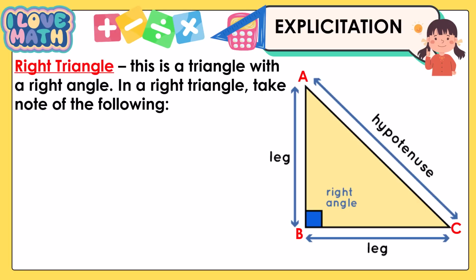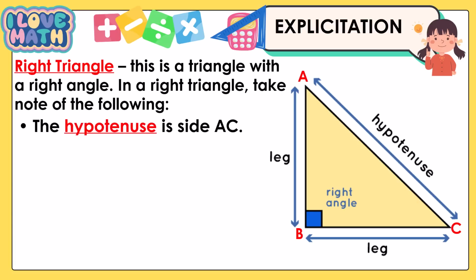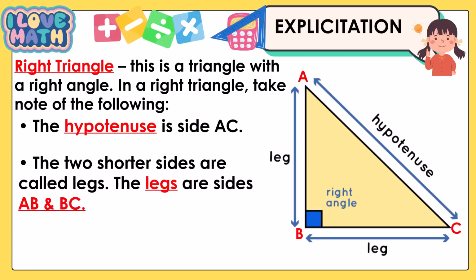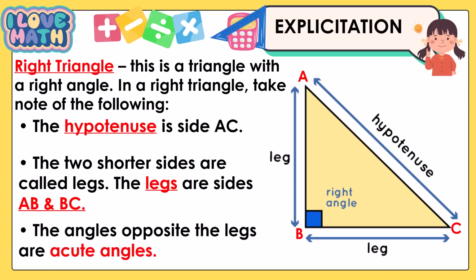This is a triangle with a right angle. In a right triangle, take note of the following. The hypotenuse is side AC. The 2 shorter sides are called legs. The legs are sides AB and BC. The angles opposite the legs are acute angles.